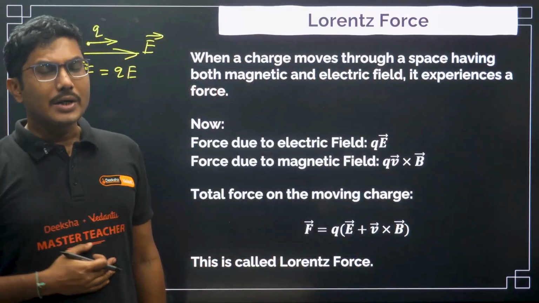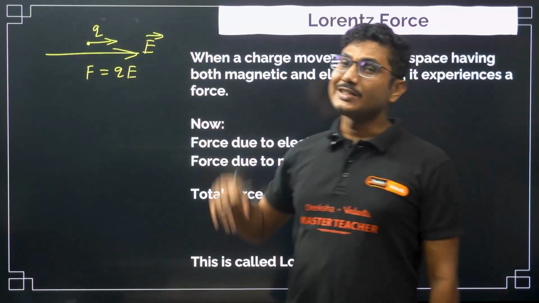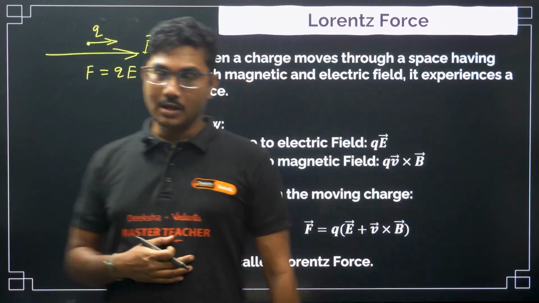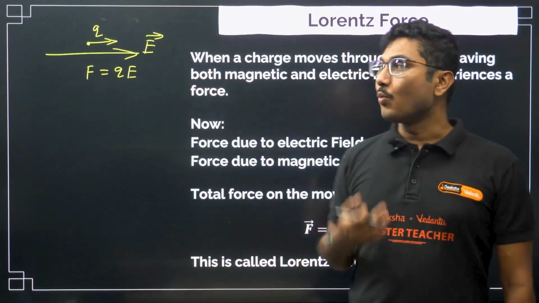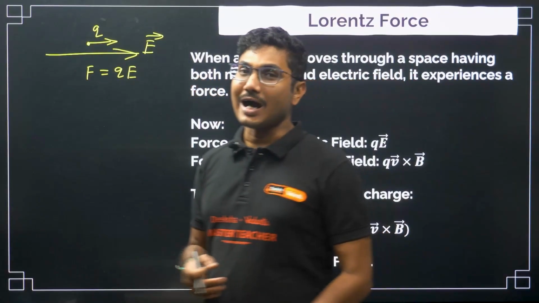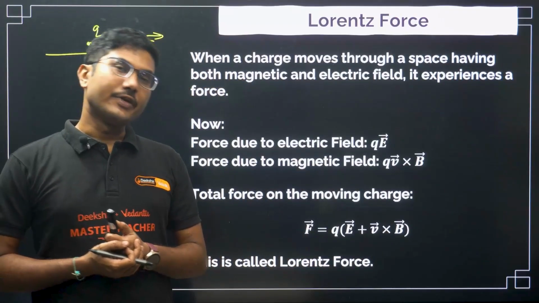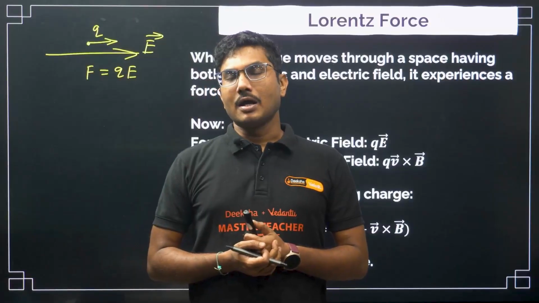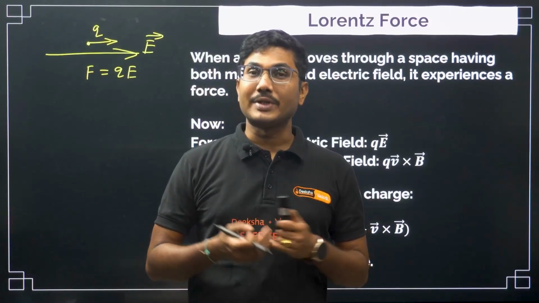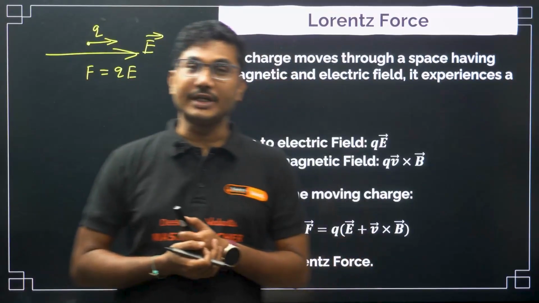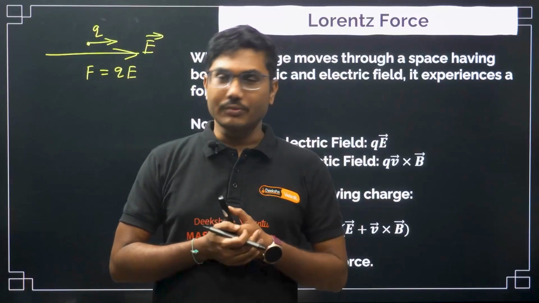Right, now what will happen to this charge if I keep this charge in a magnetic field? Will it experience a force? That depends on whether the charge is static or moving. If it is moving, then based on the relative direction between the magnetic field and the velocity, there will be two possibilities: either force will act or the force will not act.